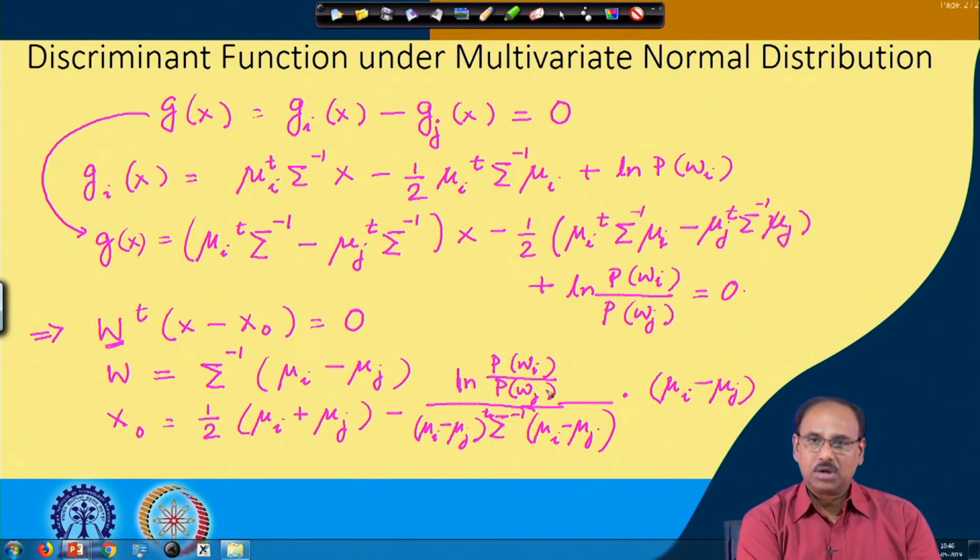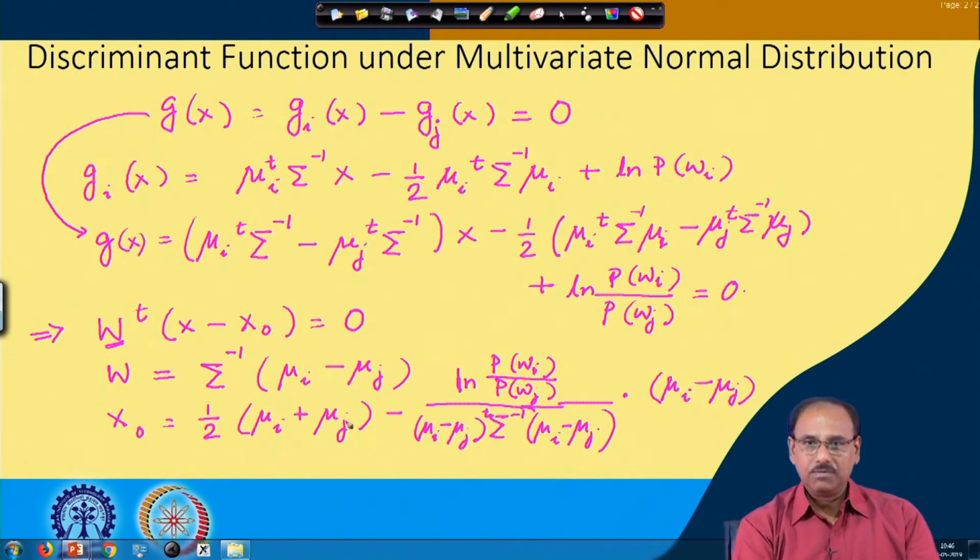Right. So, it is orthogonal to W, but under the situation that P(omega i) and P(omega j) are equal, the decision surface becomes a bisector of the line joining mu i and mu j, because when they are equal, x naught is half of (mu i plus mu j). So, it is halfway between mu i and mu j.